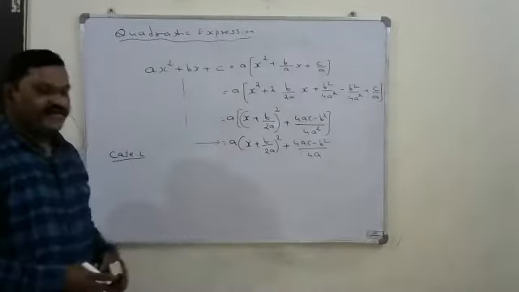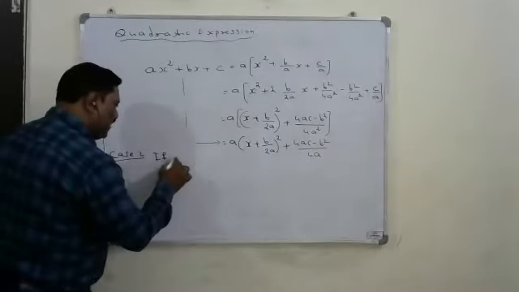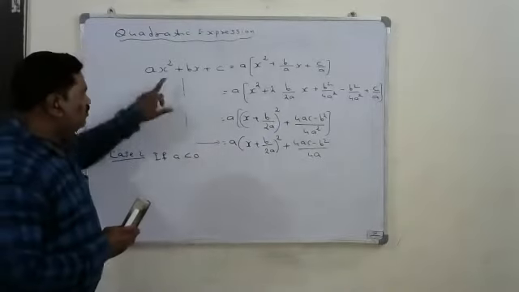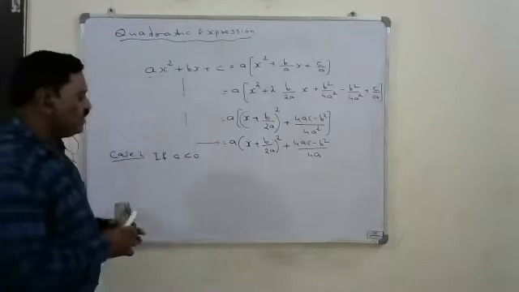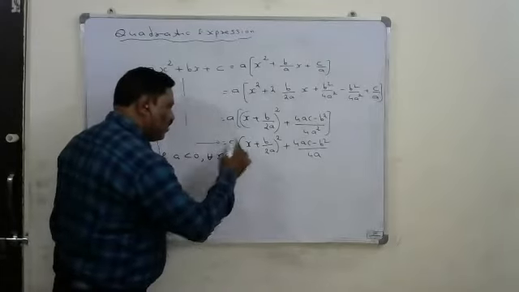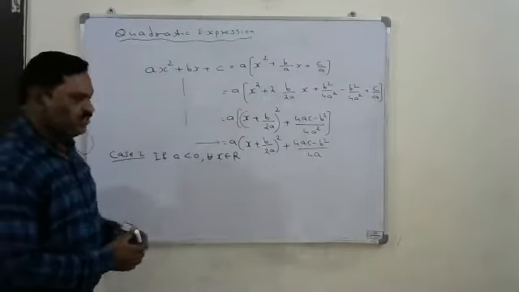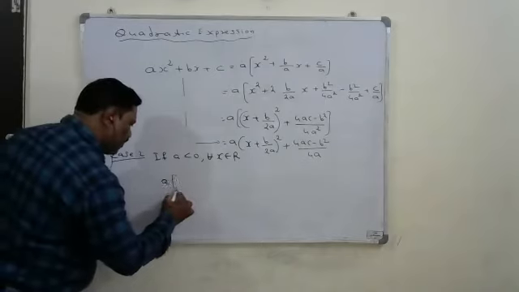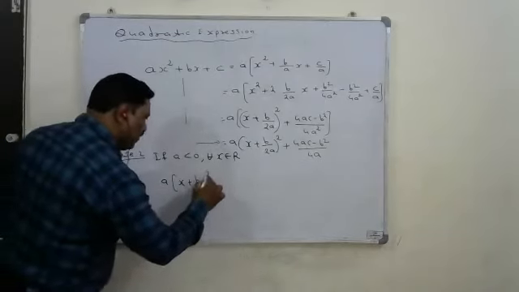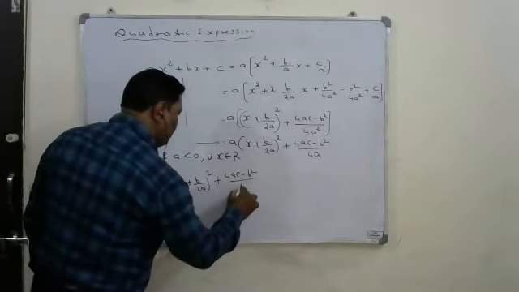Now, look at the second case. In this case, suppose I take that a is negative. If a is negative, the coefficient of x square is negative, and for all x belongs to R, I consider this expression: a into (x plus b by 2a) whole square plus (4ac minus b square) by 4a.